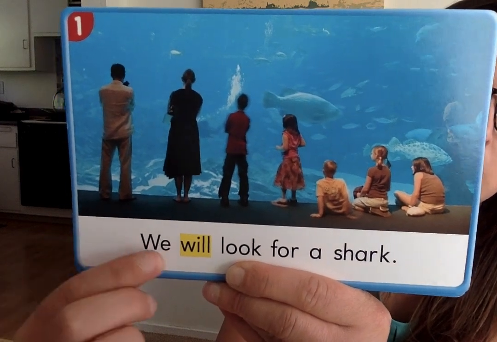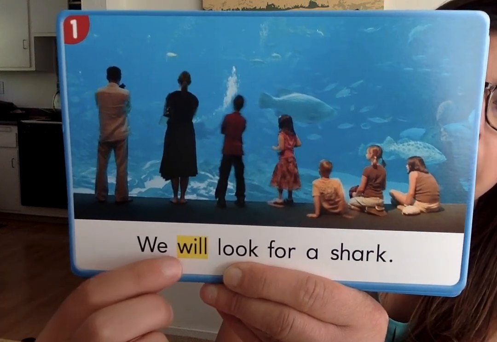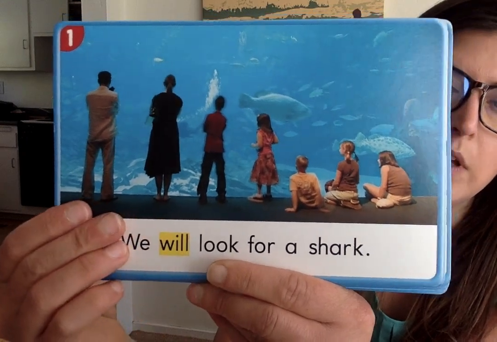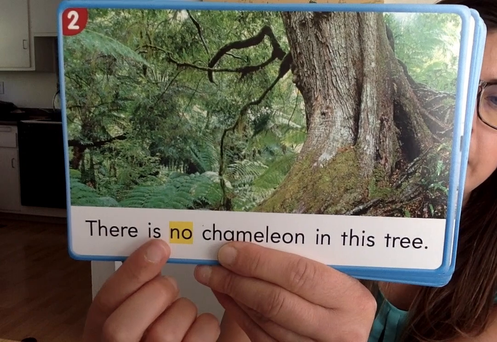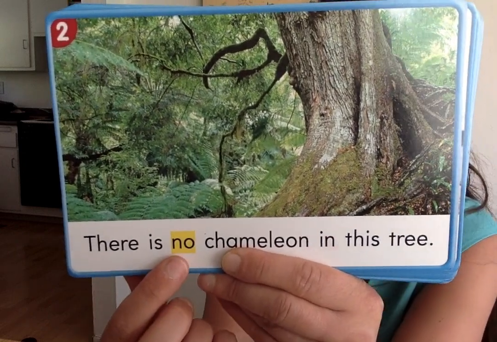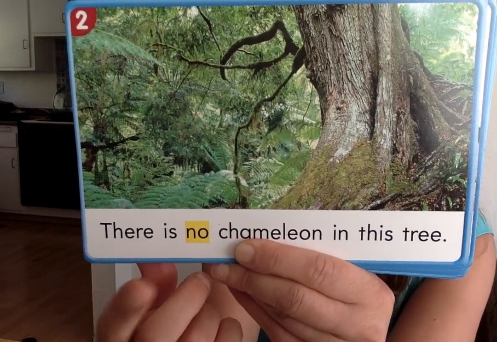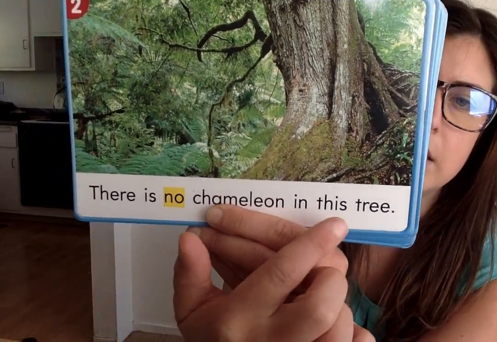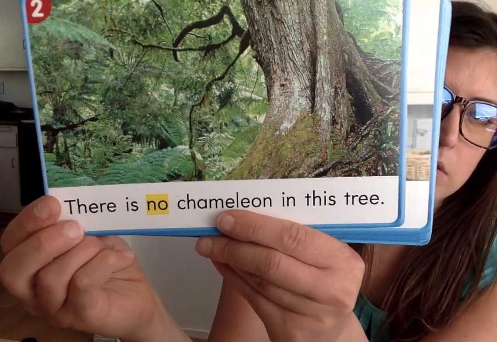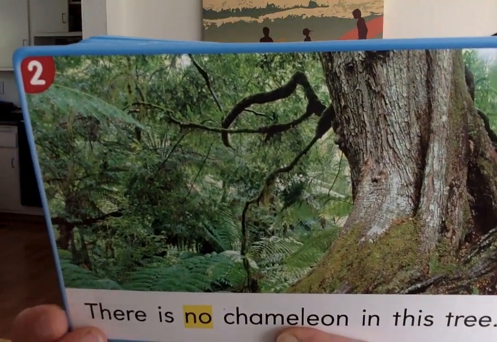Do you? The snap word is will. W-I-L-L spells will. There is, what's the snap word? N-O spells no. There is no chameleon in this tree.